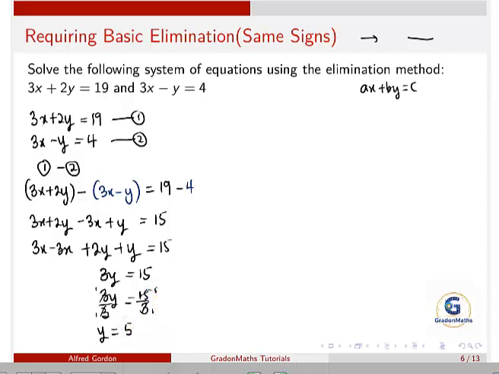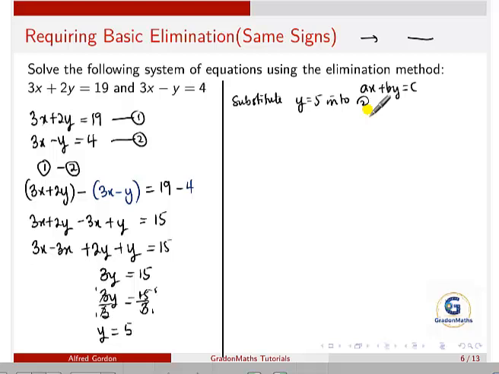Now that we have the value of one of the variables, we use it to find the value of the other variable. So we will substitute y is equal to 5 into an equation.